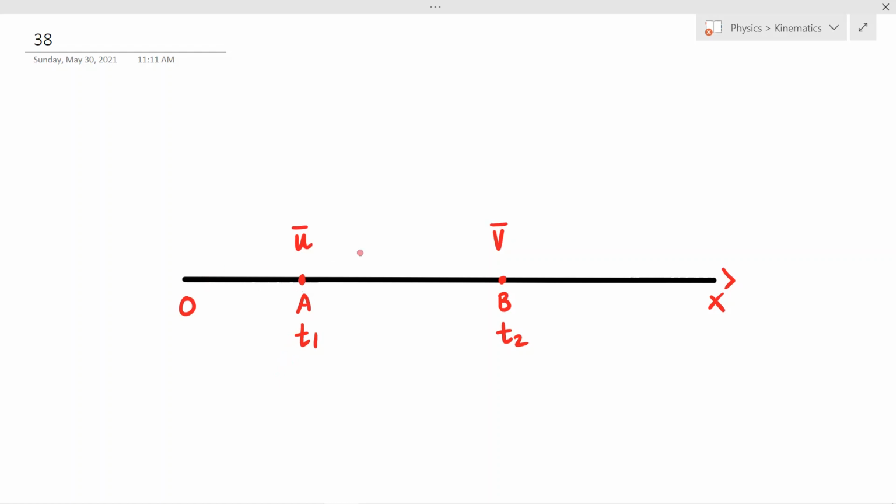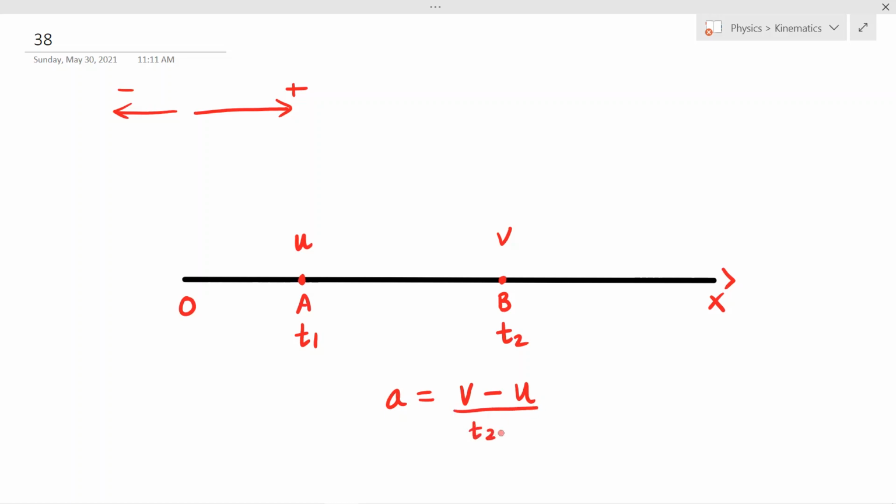Now we are considering one-dimensional motion, so we can say the right direction is the positive one and the left direction is the negative one. So we can remove the dash on the top of these letters. Now we know what acceleration is. Acceleration is final velocity minus initial velocity divided by the time taken.